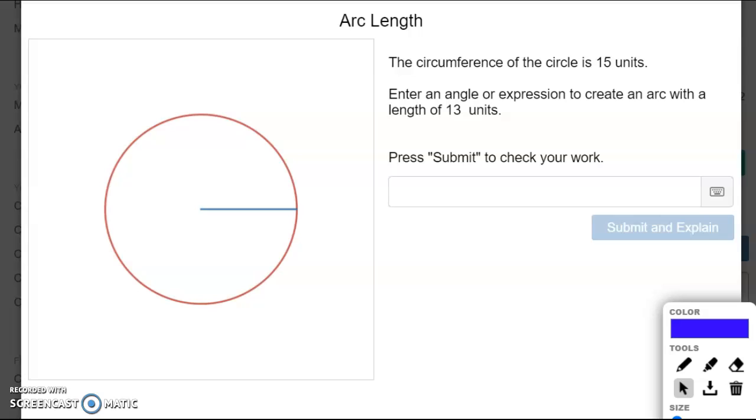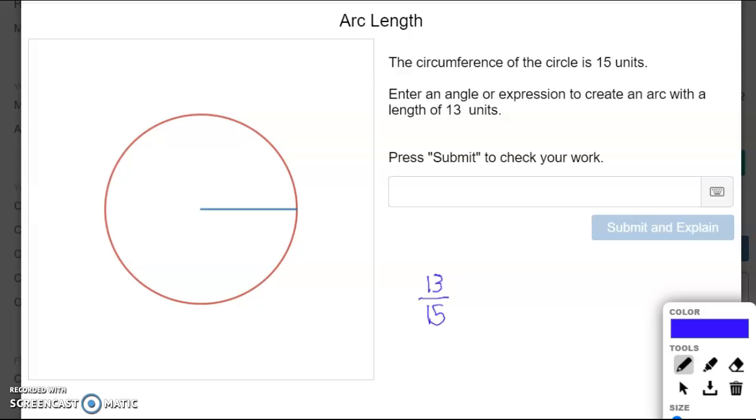Now the circumference of this circle is 15 units. Enter an angle expression to create the arc with a length of 13 units. So I want 13 out of a possible 15. So I want the fraction to be 13 over 15 of the total circumference. So enter the angle expression.